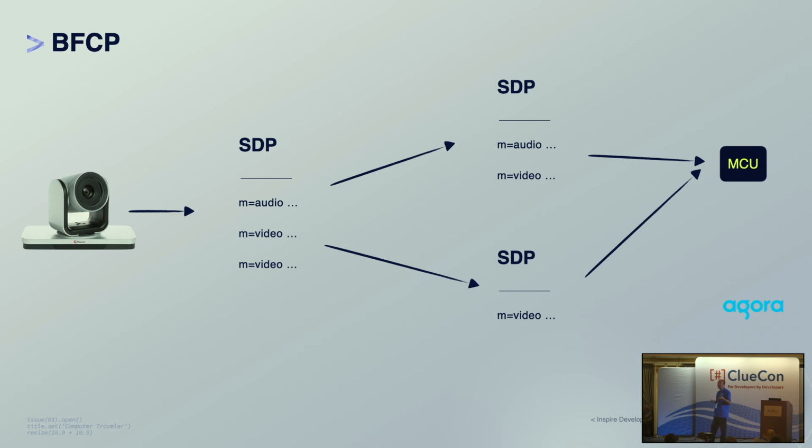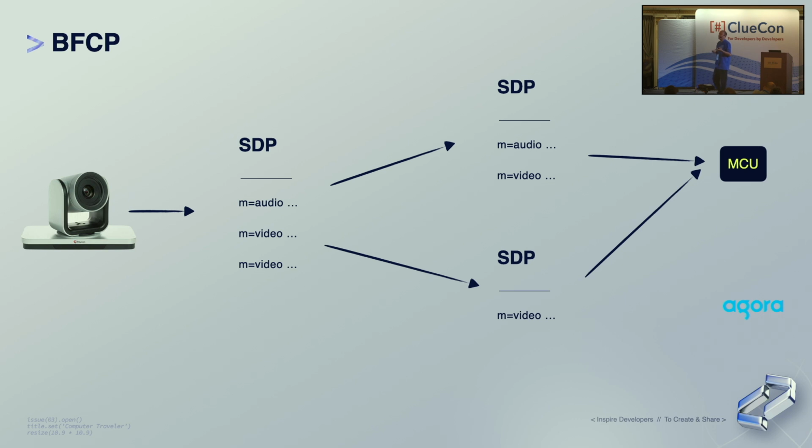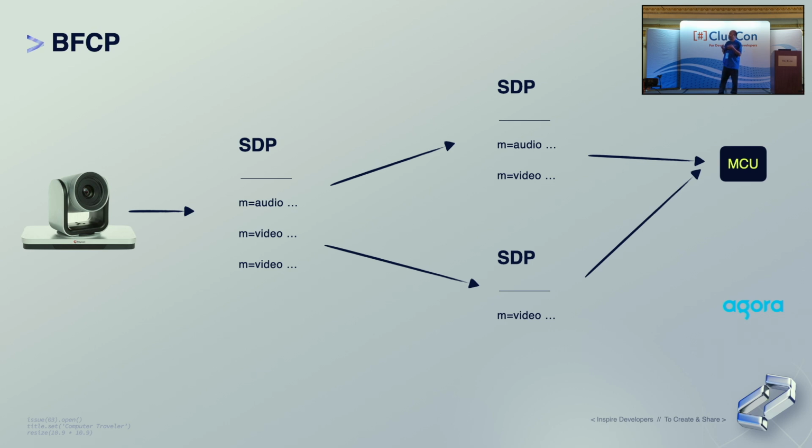We create a fake channel: there's a real SIP channel and another child fake channel, and the fake channel only has the video stream. So we turn that into 2 calls, 2 different channels, and we put that in the dial plan, so it can go to the MCU and we can get that in the conference.